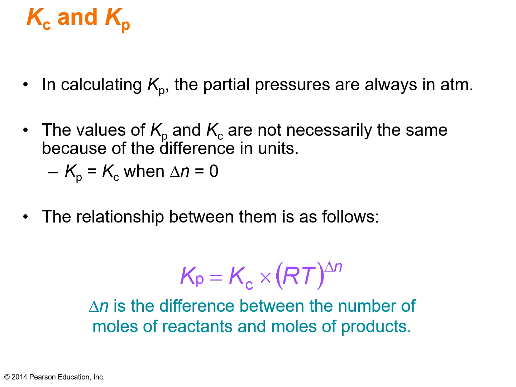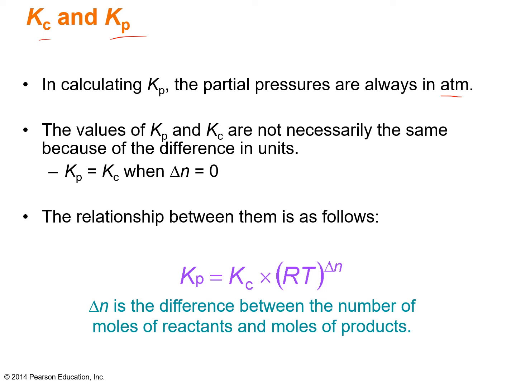Now, of course, if we're going to use partial pressures, we no longer are dealing with Kc. Kc stands for concentration. Up until now, we've been dealing with equilibrium constants that involve concentrations. But if we're using partial pressures to calculate the equilibrium constant, now we're dealing with Kp. P stands for pressure. When calculating Kp, the partial pressures are always in atm, atmospheres.